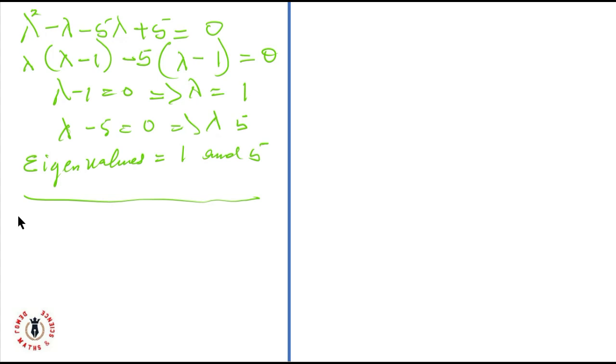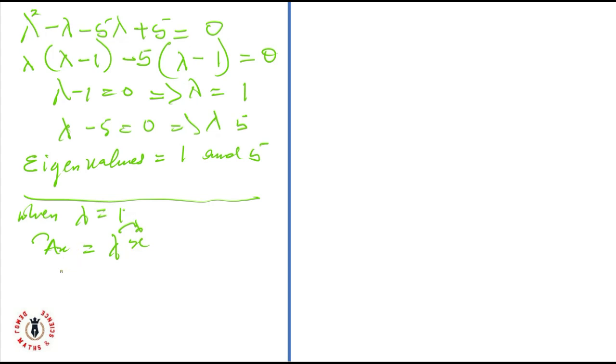Now let's solve for 1 first. Now let's find when lambda is equal to 1. Remember our equation says Ax is the same thing as lambda times x, where A is our square matrix and lambda is our scalar. In this case, our lambda is 1.